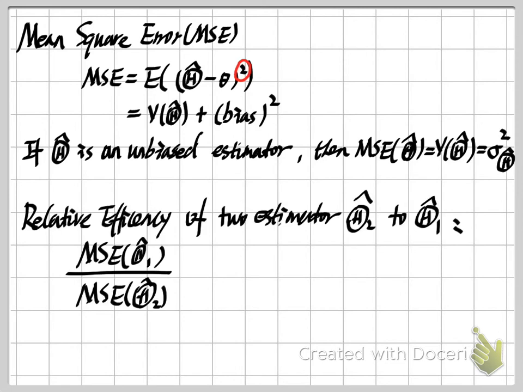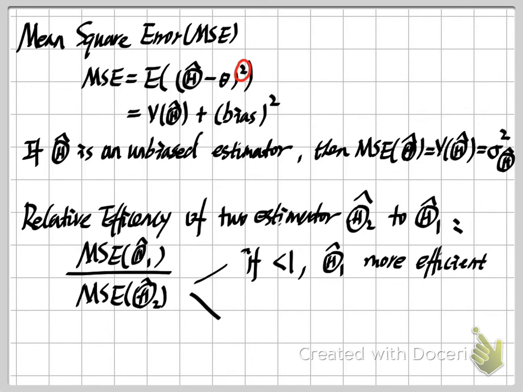We use the mean square error of the first estimator divided by the mean square error of the second estimator. Of course, if this value is smaller than 1, the numerator is smaller than the denominator, so the numerator is better. We call estimator 1 more efficient, because its mean square error is smaller, and a smaller error is always better.